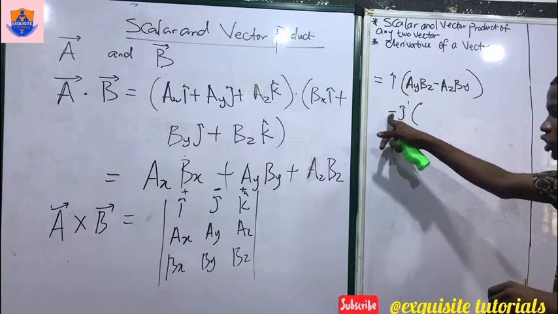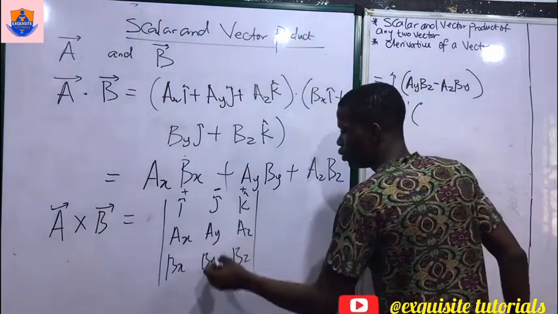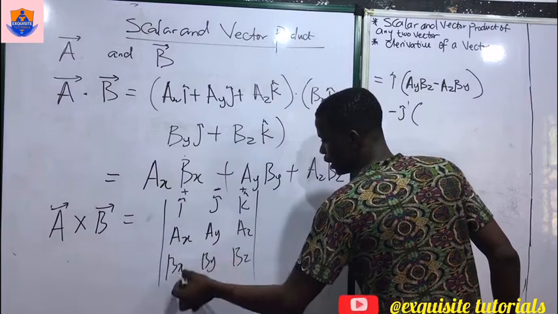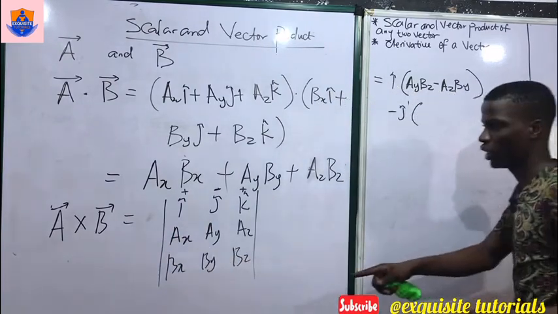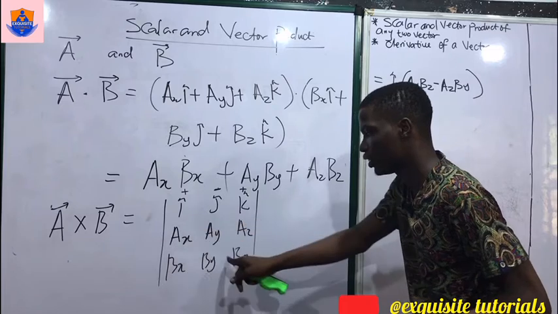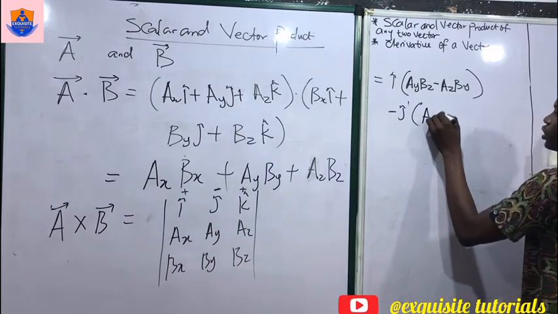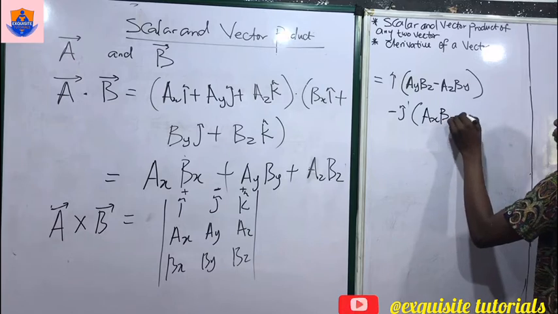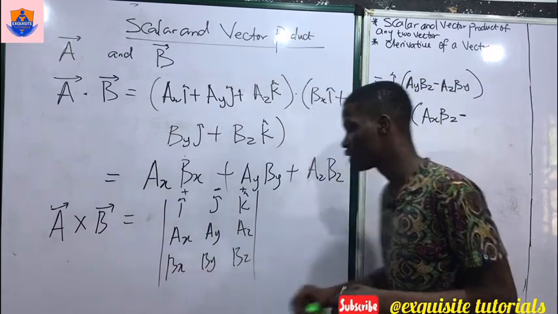So my minus j now, if you make the middle part hidden, you'll be left with this guy and this guy. So if you are cross producting it, the leading diagonal A x B z minus my A z B x.